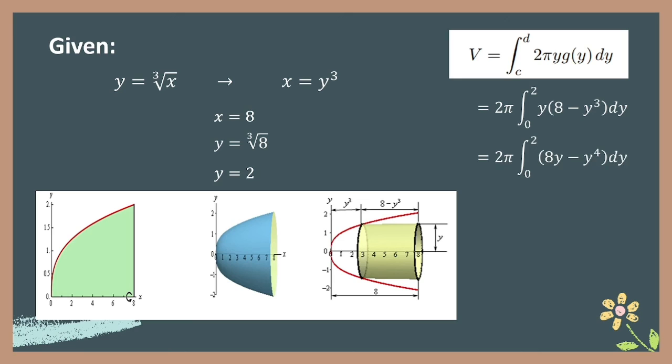Then distributing y, we have 2 pi integral from 0 to 2 of 8y minus y to the fourth dy. Using integration, we have 2 pi times 4y squared minus y to the fifth over 5 evaluated from 0 to 2. So we have the final answer, 96 pi over 5 cubic units.